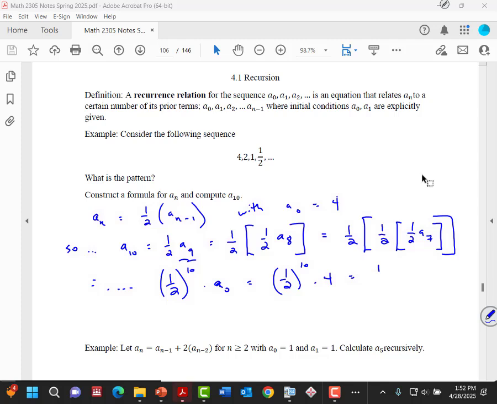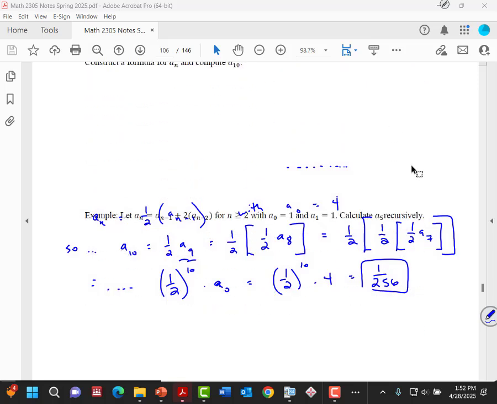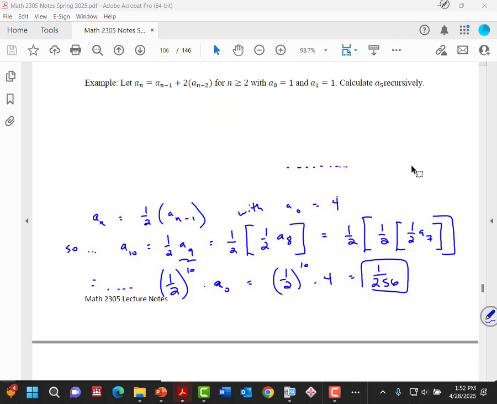And if I crunch this out, I get 1 over 256. And so the 10th term in this sequence would be 1 over 256. Okay, let us continue with another example.